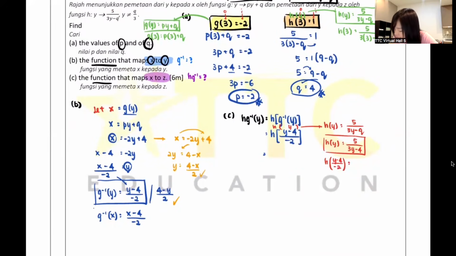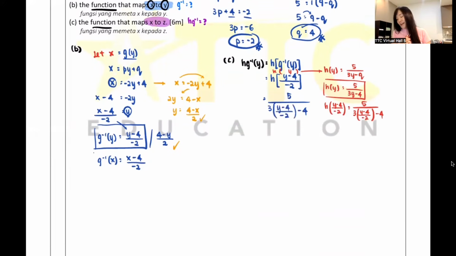So guys, I repeat again, when the y becomes y minus 4 over negative 2, your y here also becomes y minus 4 over negative 2. Totally the same thing. Can? And now I just write it inside. So 5 over 3 bracket y minus 4 over negative 2 minus 4. Until here, can you do it?